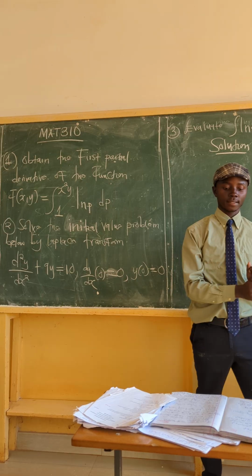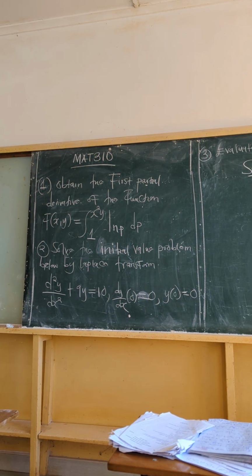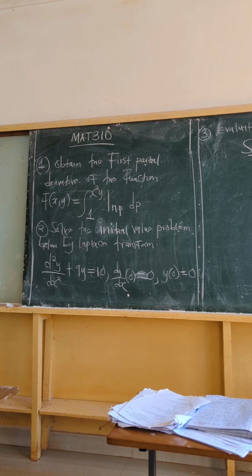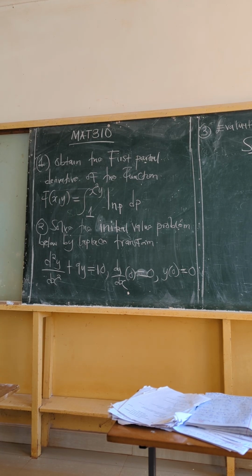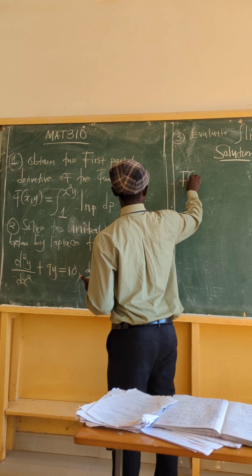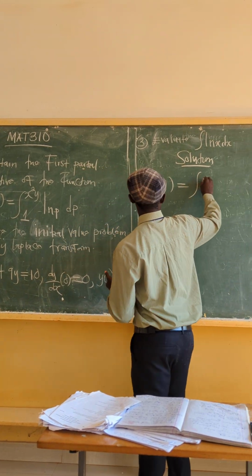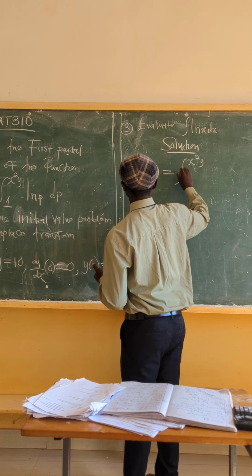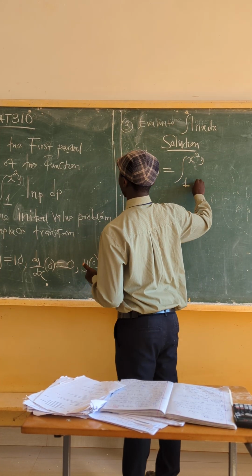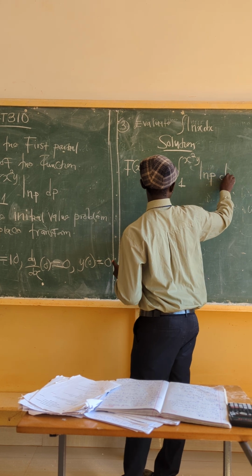Now the first question, they want us to obtain the partial derivatives. So we say f(x, y) equals the integral of x squared y to 1, ln p dp.